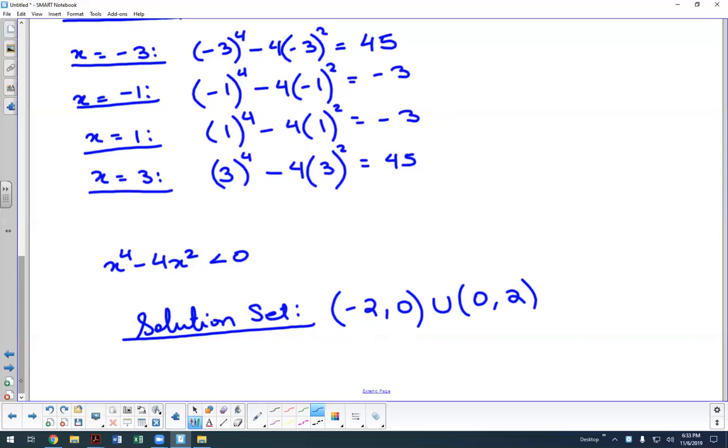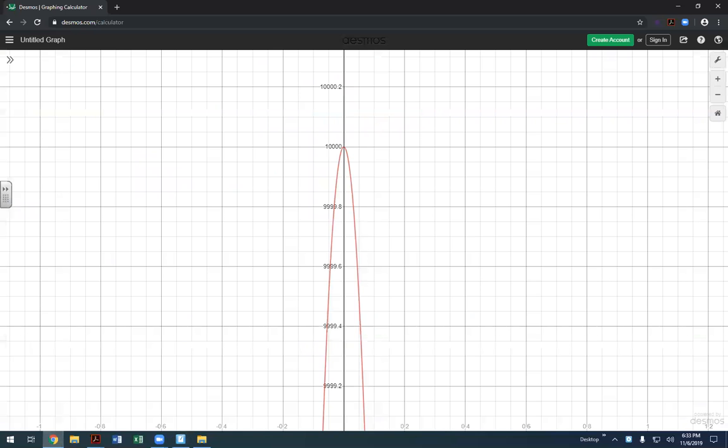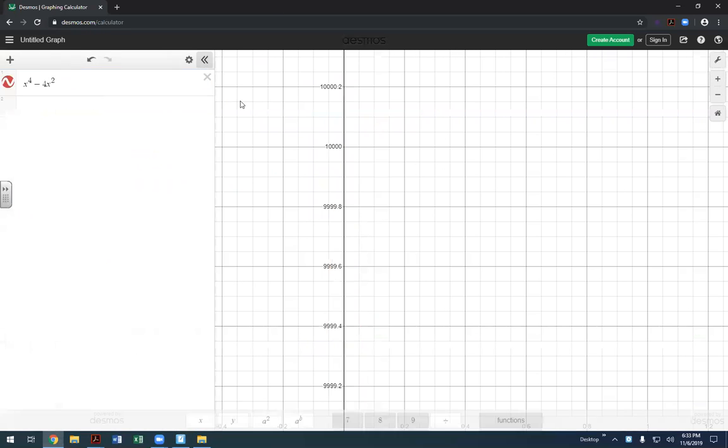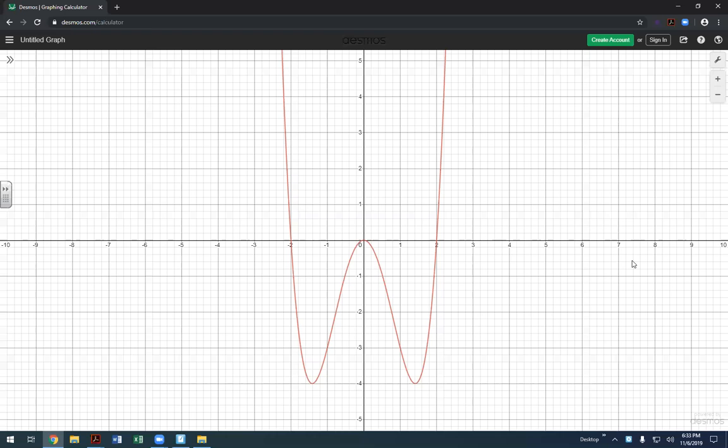I don't have the graph for this, but let's just use our Desmos here to do a quick check. Okay, so you can see only from -2 to 0, our graph has negative y values, and then from 0 to +2, again, our graph has negative y values, right?